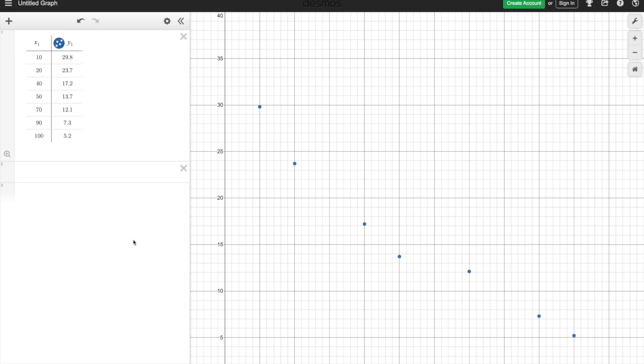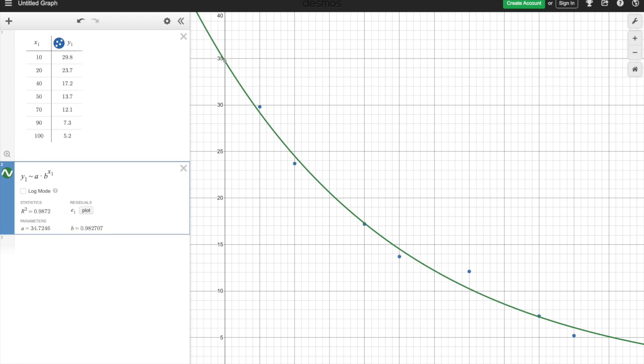So to do our exponential regression, we're going to return to Desmos and repeat what we did in the previous example. So you'll begin by entering your data in a table, and I've already adjusted my graph so that we can see all of the data points. And then we'll type the same thing that we did last time. We'll type y1, that's the name of our second column, and then we'll use the tilde, and then a times b to the x1 power.